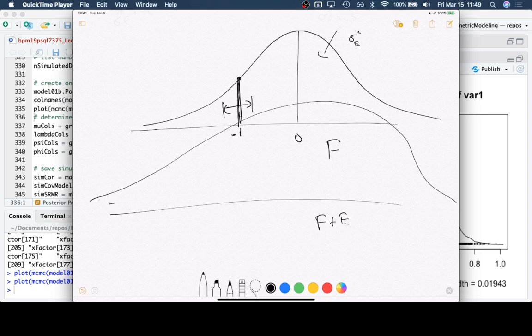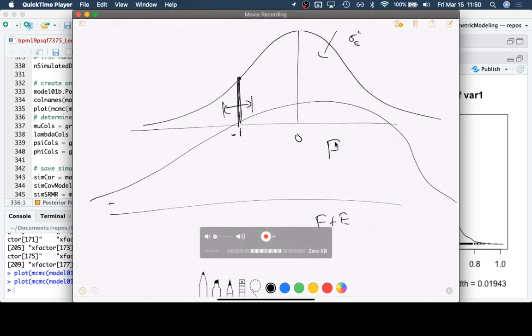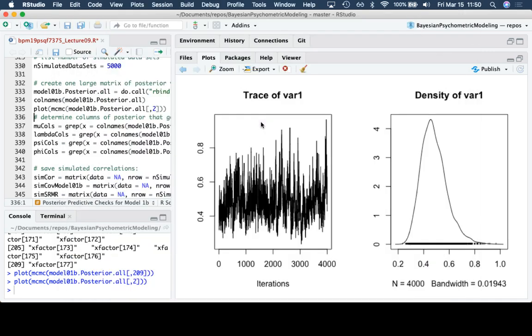We have to assume everybody has the same amount of error around their factor scores to have a number that comes out of this. There are more complicated ways that we could do it too, right? So if we were to go and do that, what we could say is we could come up with the distribution of all the factor scores from all of our chain, right? We could come up with the total distribution itself.